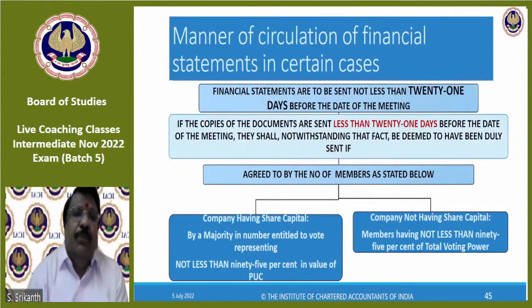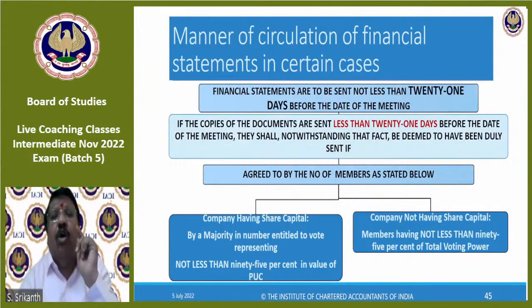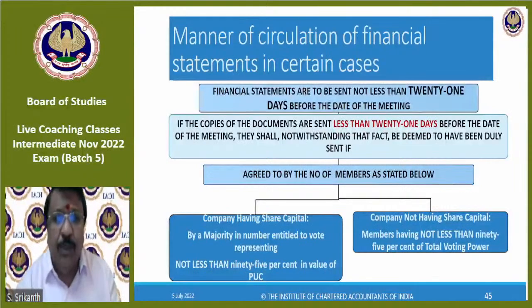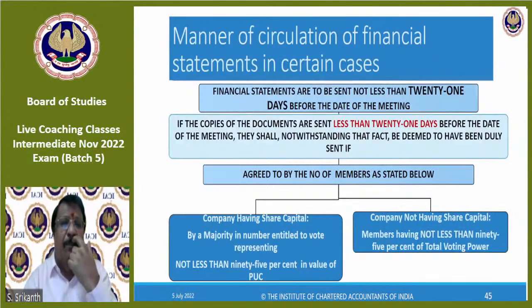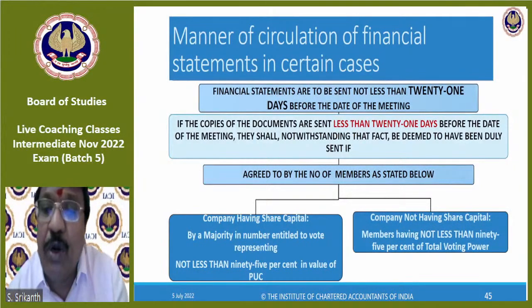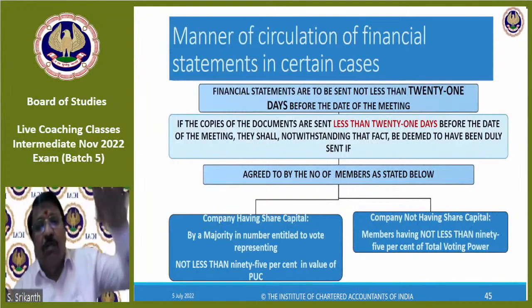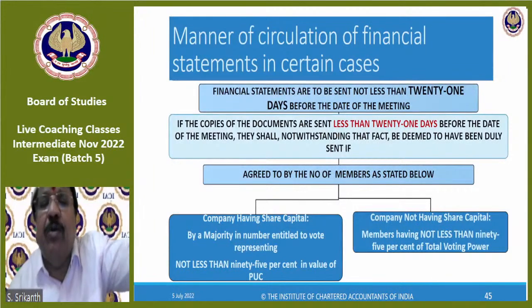So let us see. Financial statements are to be sent not less than 21 days before the date of meeting. We saw that. But suppose the copies of the document are sent less than 21 days before the meeting, then they shall, notwithstanding that fact, be deemed to have been duly sent.